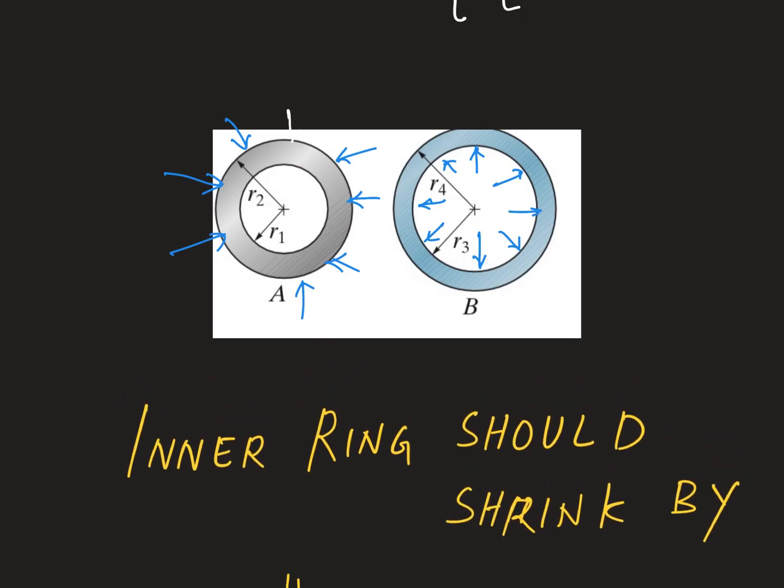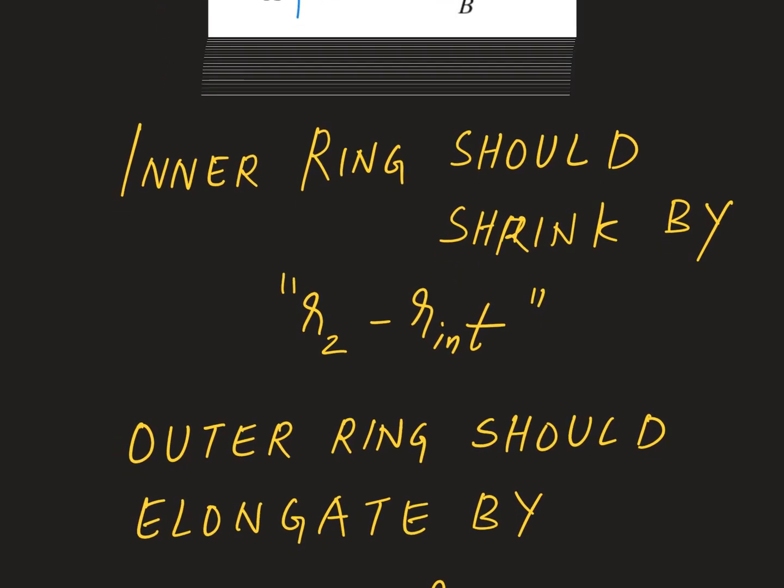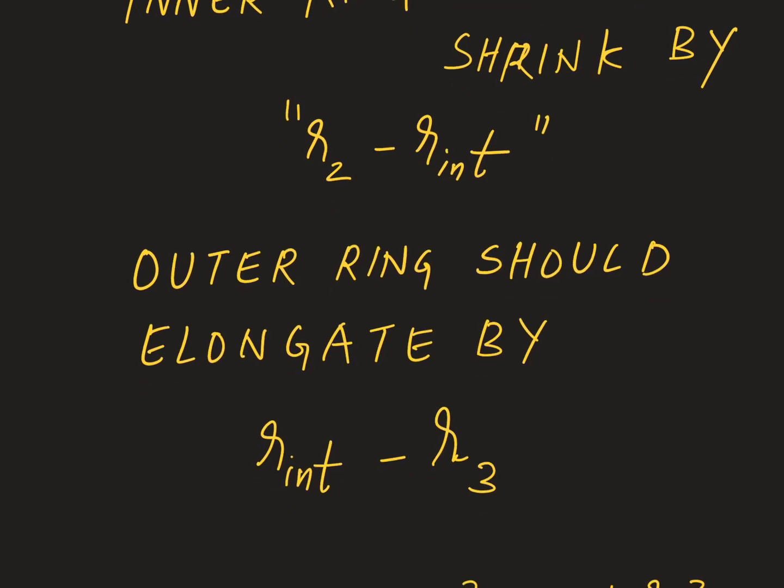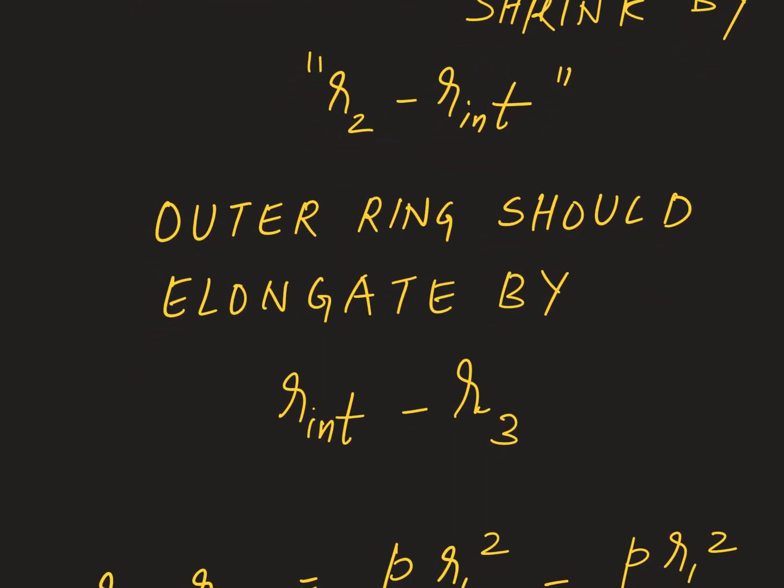The contact pressure should be the same on either ring. Now the outer ring should elongate by R int minus R3. Okay, R int is a value which lies between your R2 and R3. Makes sense?